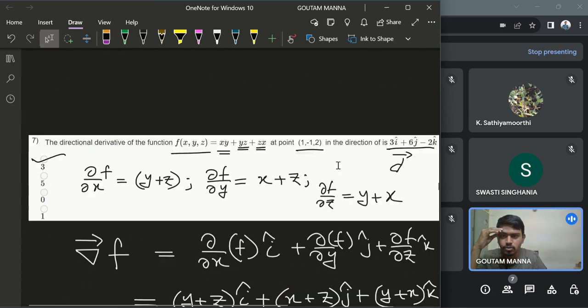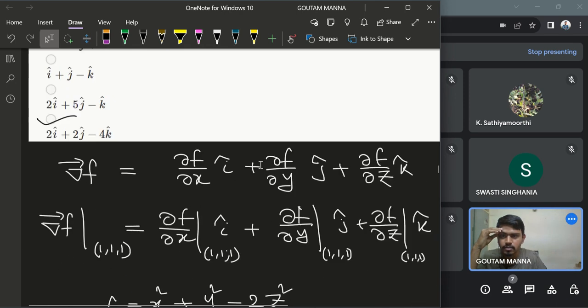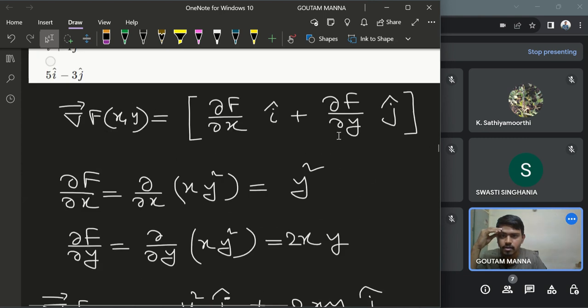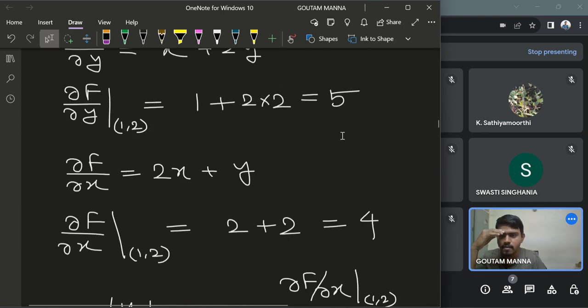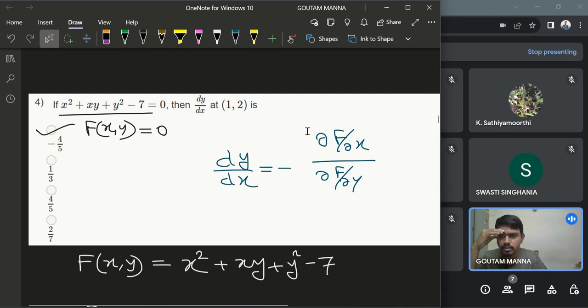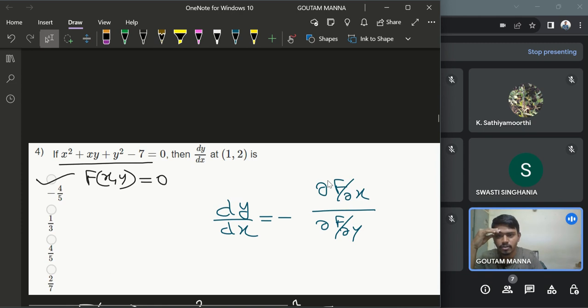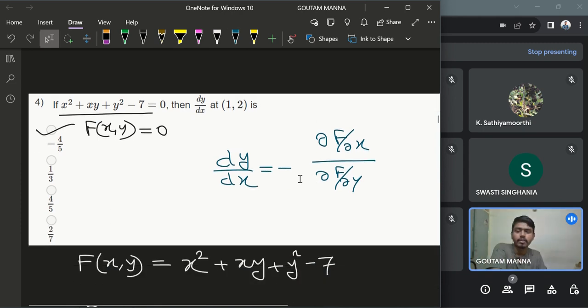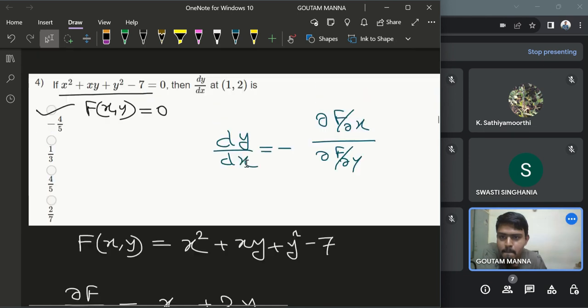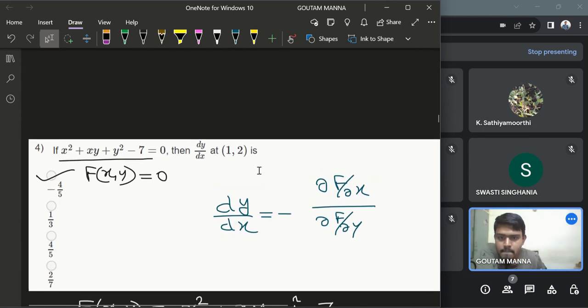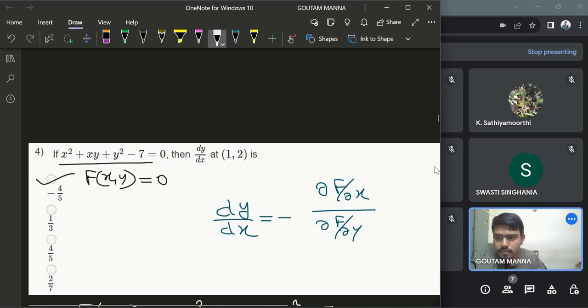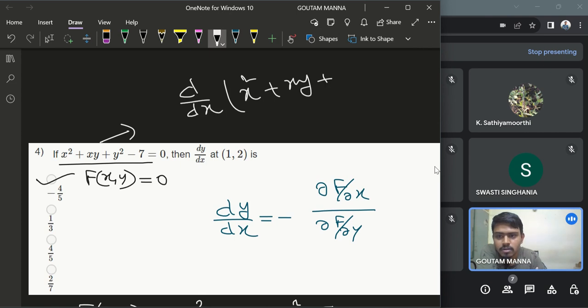By the way, if you don't want to use implicit function theorem in this, then you can do d by dx of x square plus xy plus y square minus 7 equals 0.